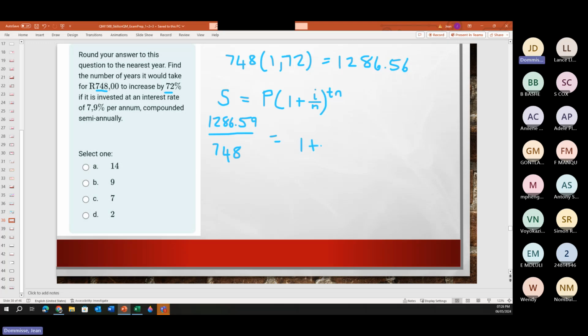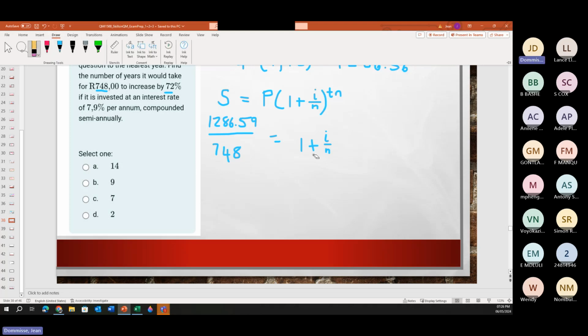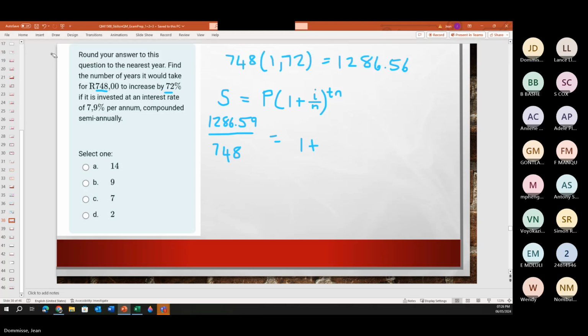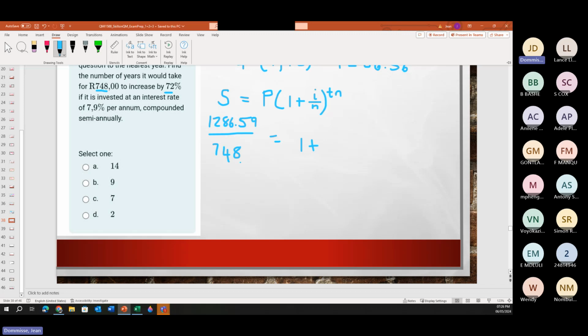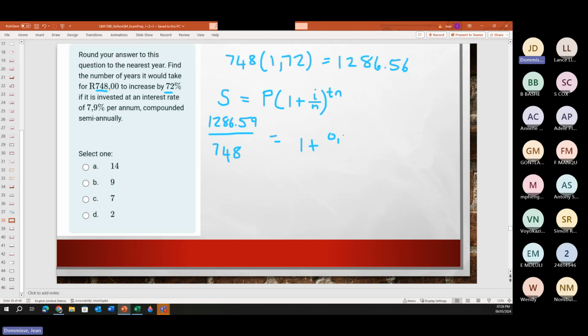I'm sitting with this formula, so let's already substitute because we have most of it. Our interest rate is 0.079, compounded semi-annually.